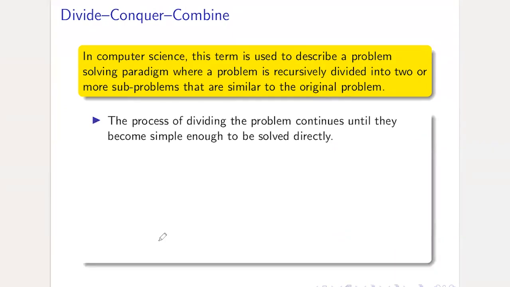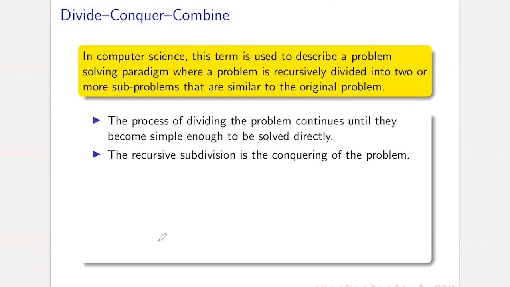The process of dividing the problem into sub-problems, we will continue until the problem becomes tractable, something simple enough that we can solve it easily. So it's up to us to decide at what level the problem is easy for us to solve. And at that point, we will stop the breaking up of the problem into smaller problems.